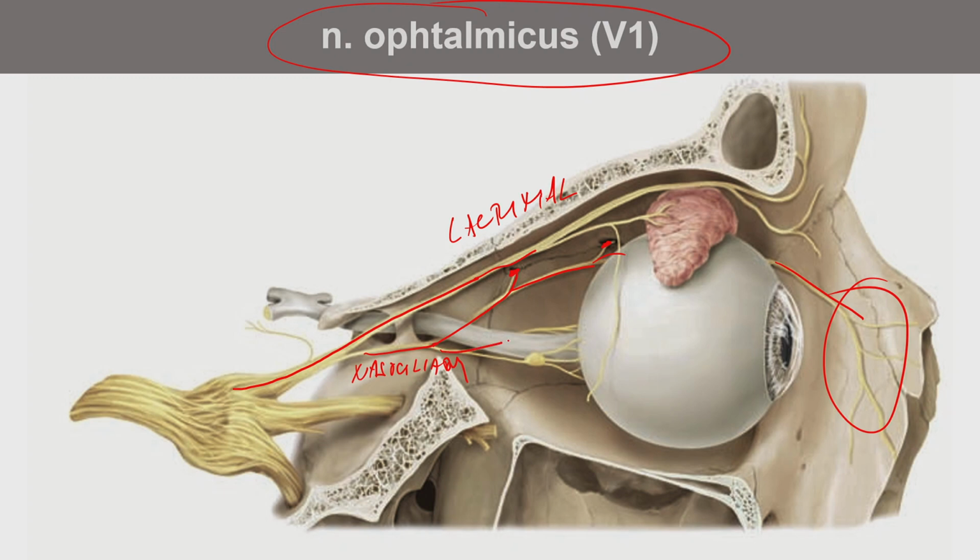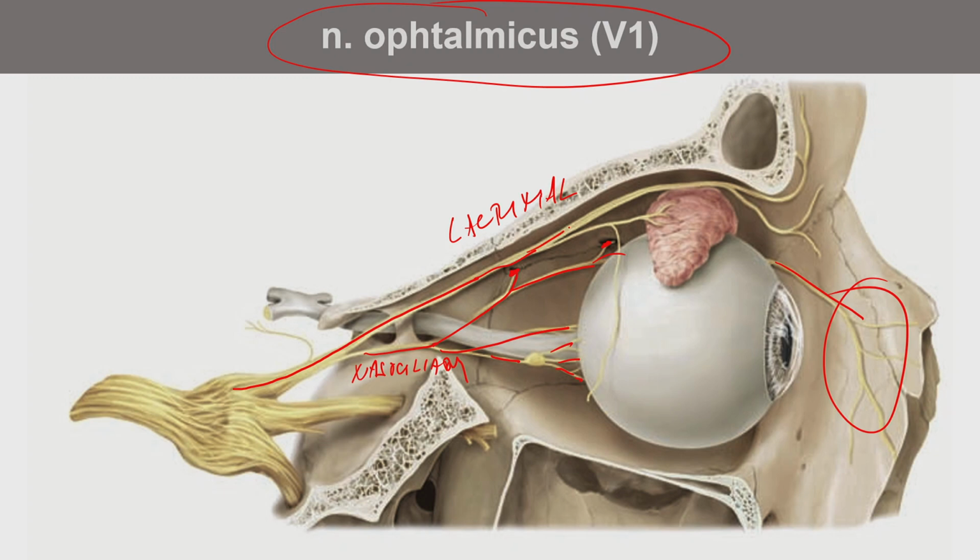And ciliary, because it is going into the eyeball, is innervating the sensitive information of the eyeball. So the pain which could be felt from the eyeball or from the orbit. So this is two branches.